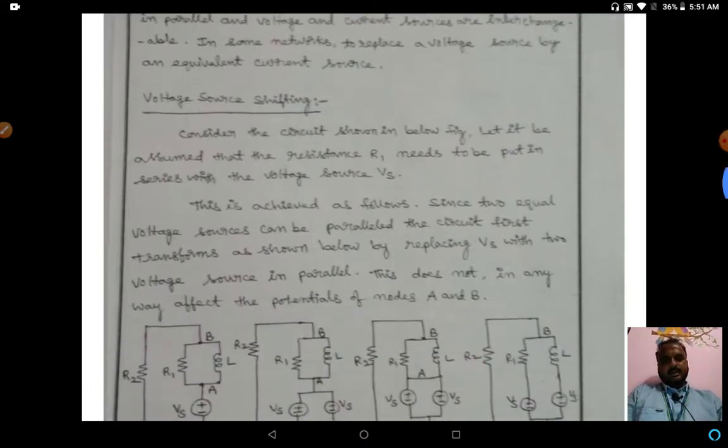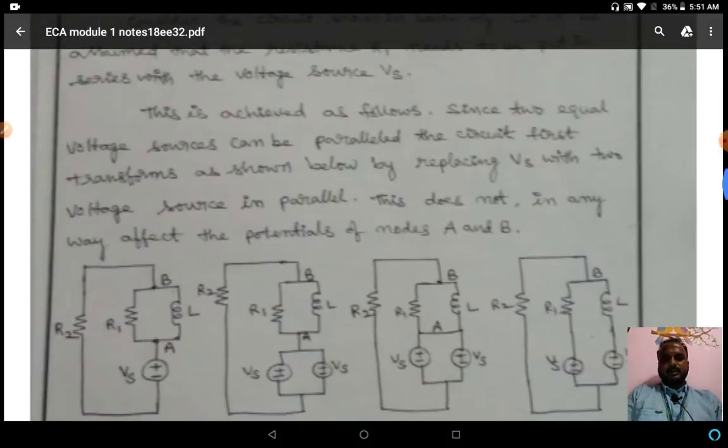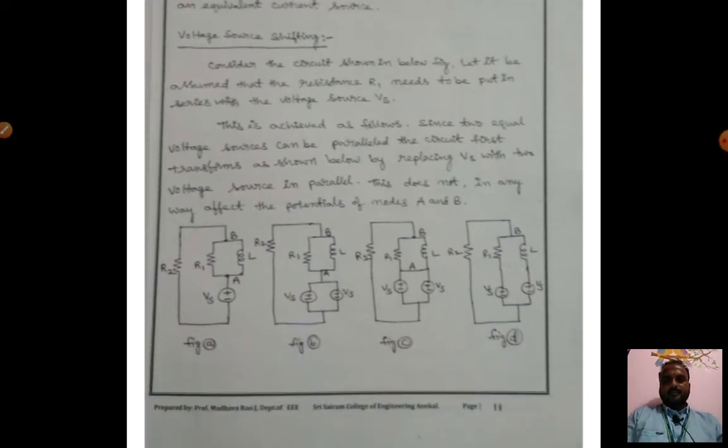So here, consider one circuit as shown in the figure, figure A. In this figure, resistance R1 needs to be put in series with the voltage source Vs. Then only can you calculate the current flowing in the resistor and the current flowing in the inductor.